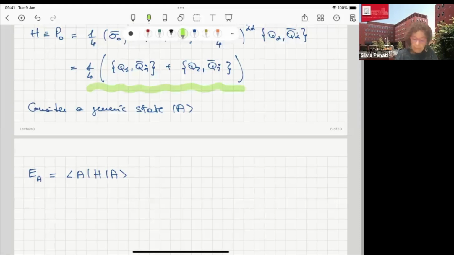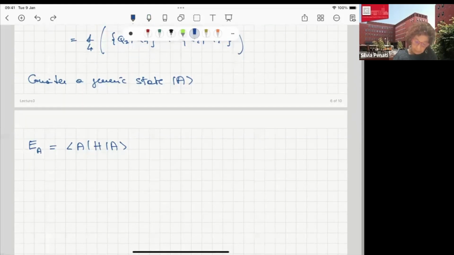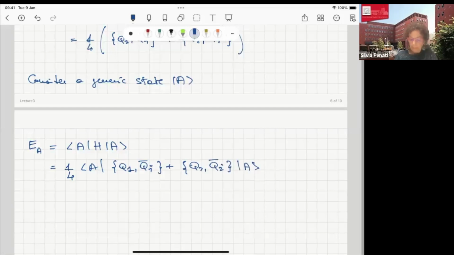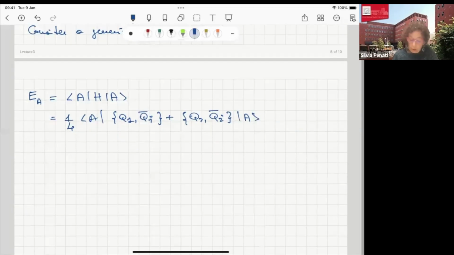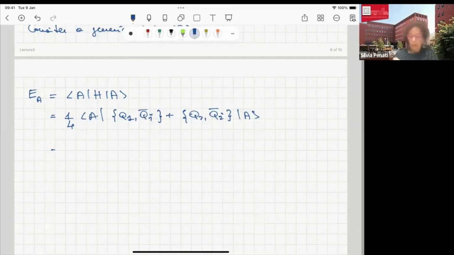Therefore, this is equal to 1/4 <A| Q1 Q bar 1 dot plus Q2 Q bar 2 dot |A>. You can do the calculation. This is a one line calculation.